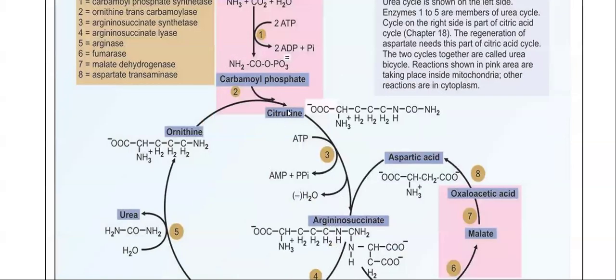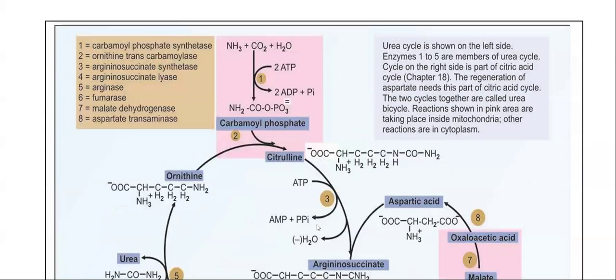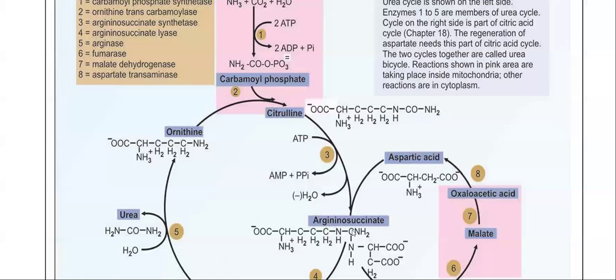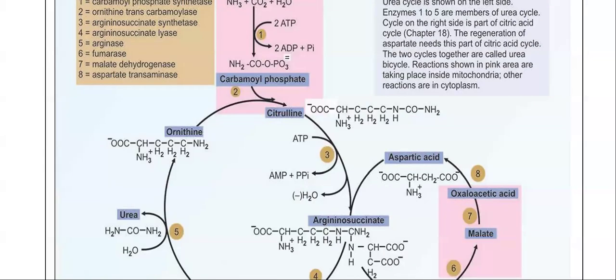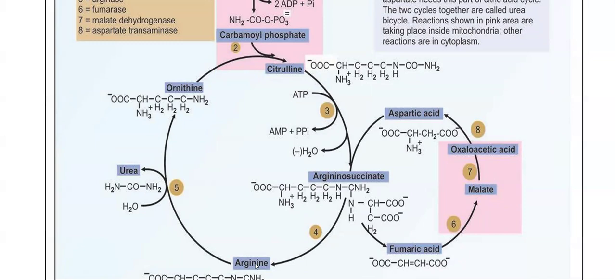Then citrulline is converted into arginosuccinate in the presence of the enzyme arginosuccinate synthetase. Arginosuccinate, in the presence of arginosuccinate lyase, converts into arginine.